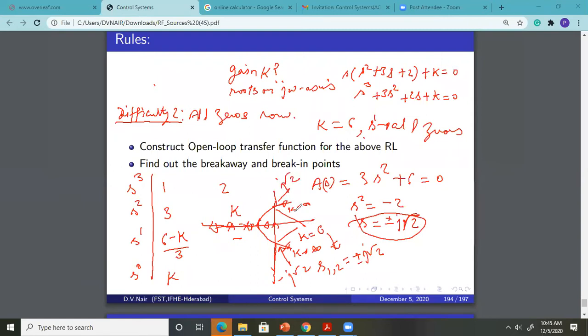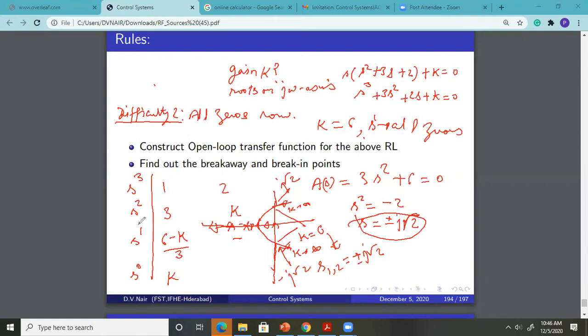And the corresponding gain k at which they become imaginary is k equal to 6. So did I answer your above questions, friends, how to find the gain k and the corresponding roots on the j imaginary axis? By starting with Routh's table. Routh's table requires the characteristic equation and then obtaining an all zeros row for some value of k, right?